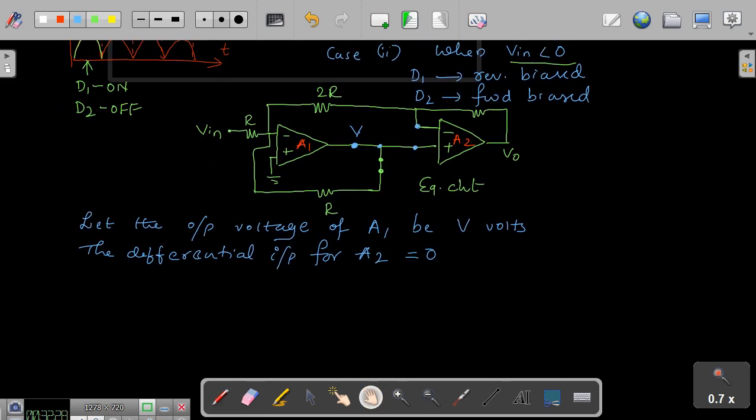The differential input for A2 equals 0. That is quite understandable, correct or not? That is the principle from which we have taken so many things.